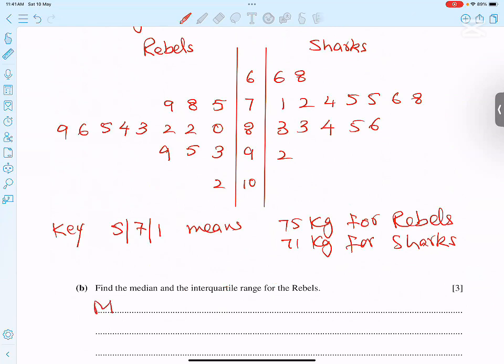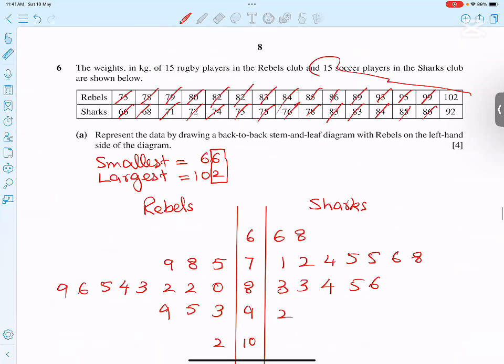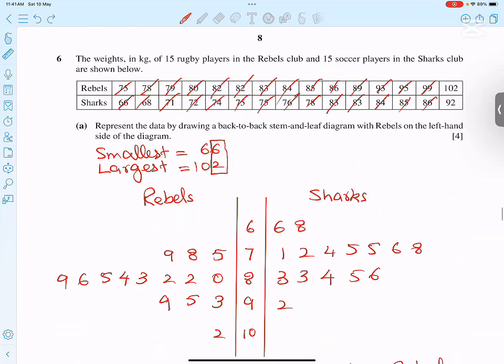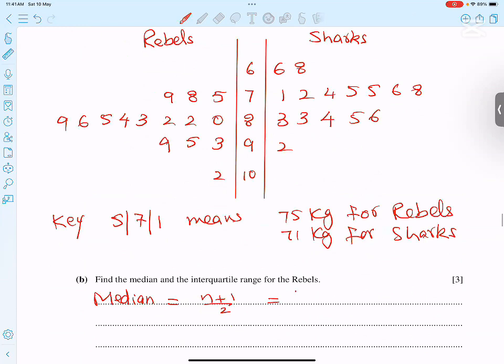The formula for the median is (n plus 1) divided by 2. What does n stand for? The total number of players, 15, for the club. So n is 15, 16 divided by 2, I get the eighth player.